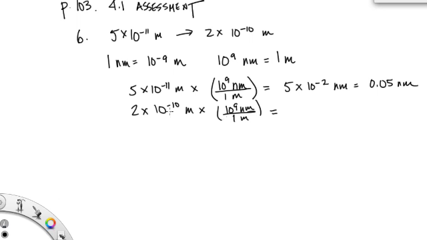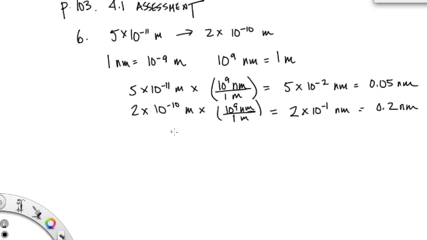So we have minus 10 plus 9, which is negative 1. So this ends up being 2 times 10 to the negative 1st nanometers, which equals 0.2 nanometers. So the range of most atoms' radii go from 0.05 nanometers up to 0.2 nanometers.